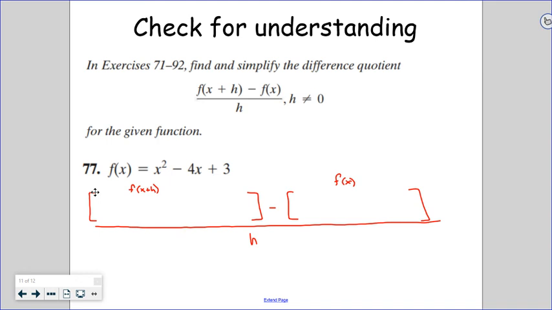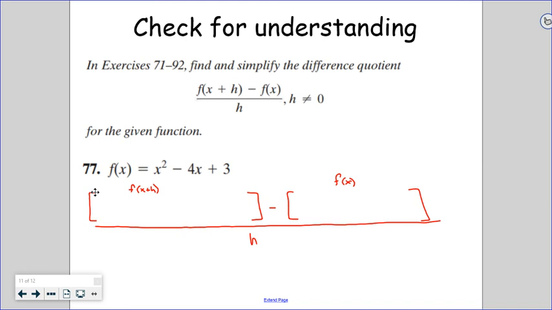I think you foiled from your top line to your second line. I think you lost your xh term. This one right here should be a 2xh. Does that make sense? Okay.